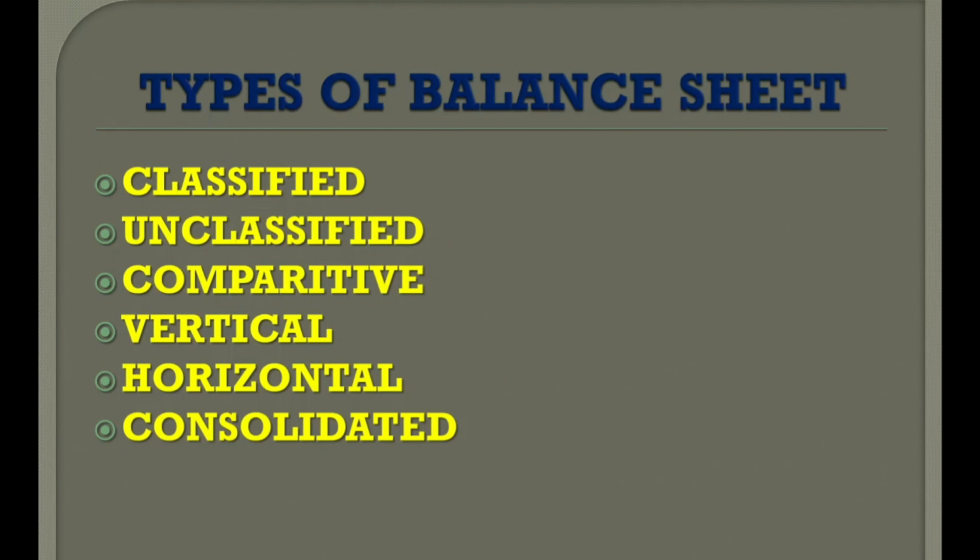The types of balance sheet are as follows: classified, unclassified, comparative, vertical, horizontal and consolidated. In a classified balance sheet, the assets, liabilities and equity are classified. An unclassified balance sheet is in contrast to the classified balance sheet, where the assets, liabilities and equity are not classified.